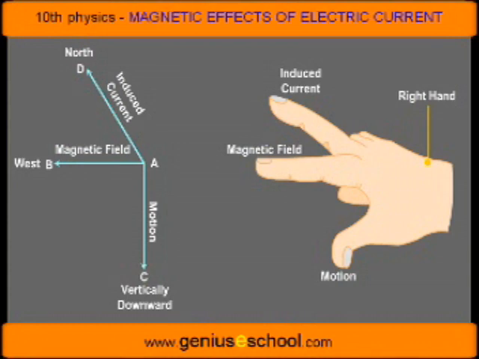We adjust the right hand in such a way that the forefinger points from east to west to represent the magnetic field, and the thumb points vertically downwards to represent the direction of motion. Then we will find that our center finger points towards north, and this gives the direction of induced current represented by arrow AD in the figure.